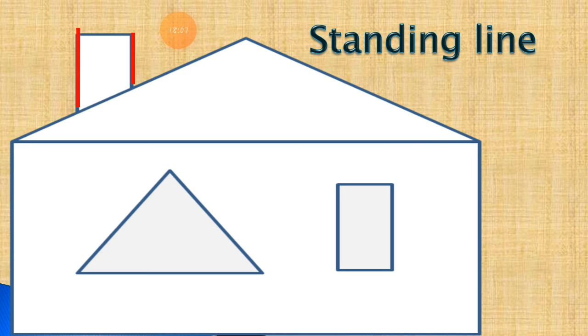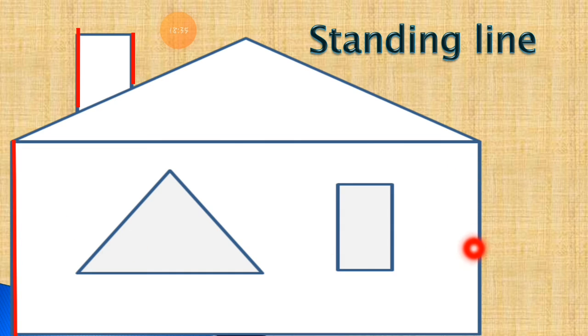Let's go for the next standing line. See this, the third standing line we can find here. I am moving the red dot around it. Here is the first standing line, here is the second, here is the third we are finding from this picture.